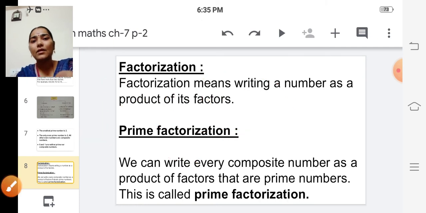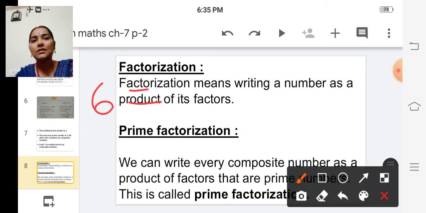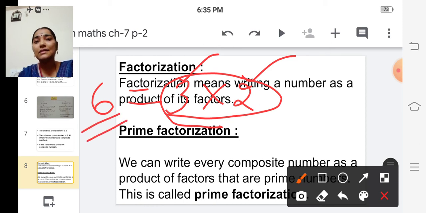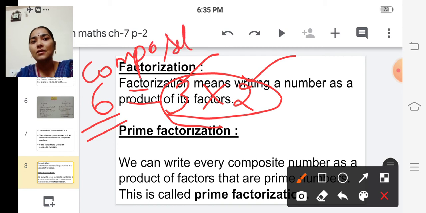Similarly, 6 can be written as 3 into 2. So 3 is a prime number and 2 is a prime number, and 3 and 2 are factors of 6, isn't it? 6 is a composite number, and 3 and 2 are prime numbers.